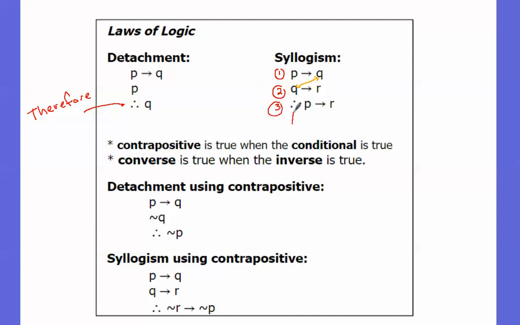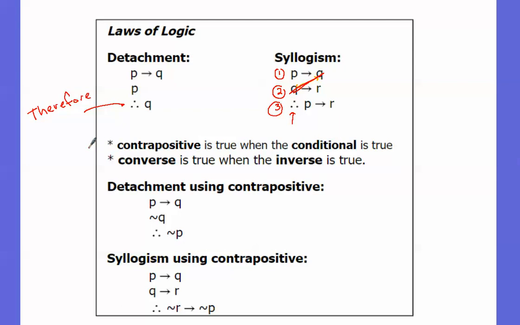We know because you have the symbol therefore. P, if P, then R. To make a conclusion, essentially you wipe out the middle, the Q, as the conclusion of the first sentence and the hypothesis of the second, which would leave just P leads to R, or if P, then R, which is what you have here.